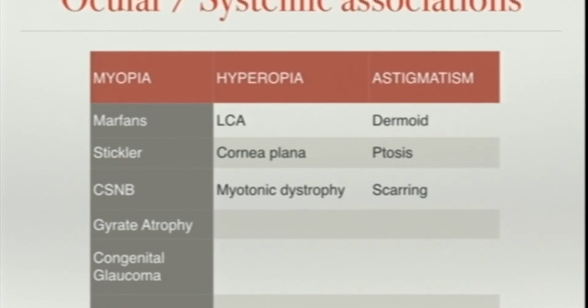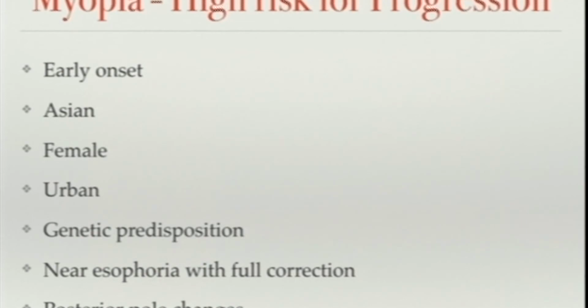When any child has ptosis, you need to look for astigmatism. High risk for progression: Indian, Asian eyes, female, urban population, parents wearing glasses. If the child has near esophoria with full correction, it can progress, and if there are posterior pole changes, these are all red flags.